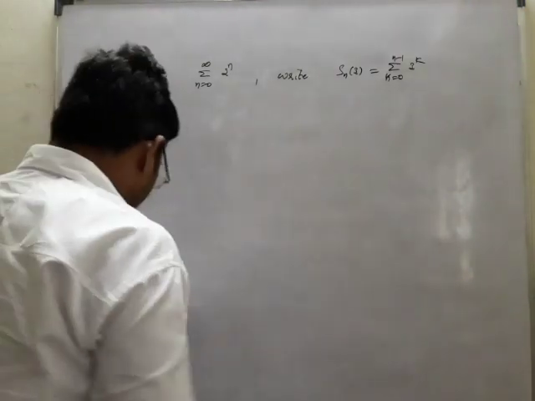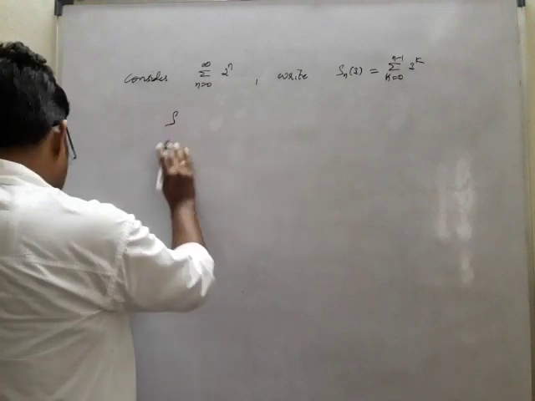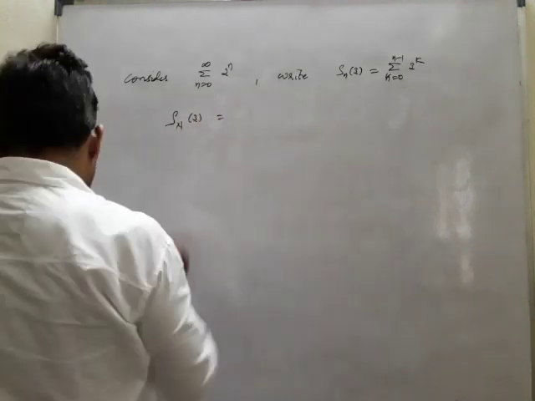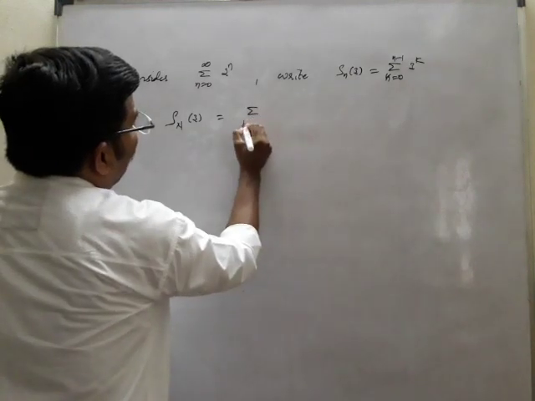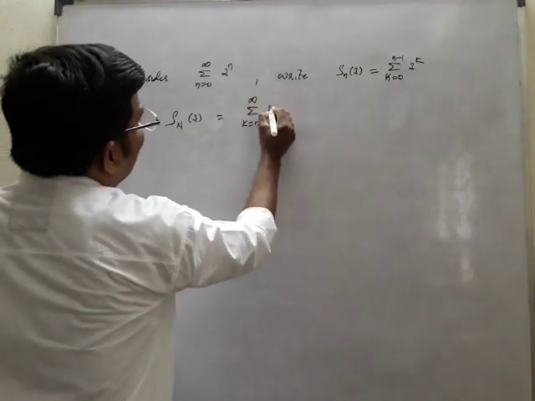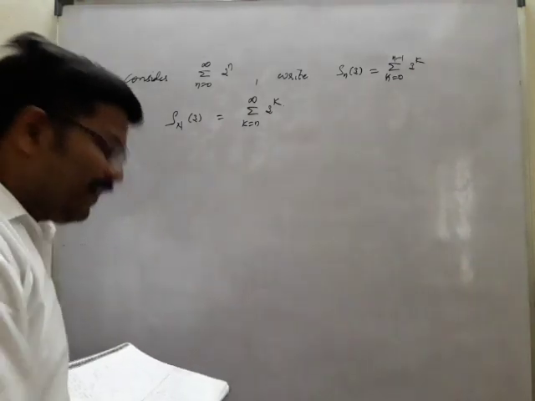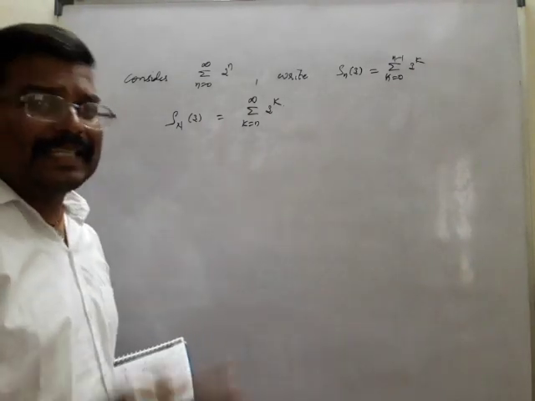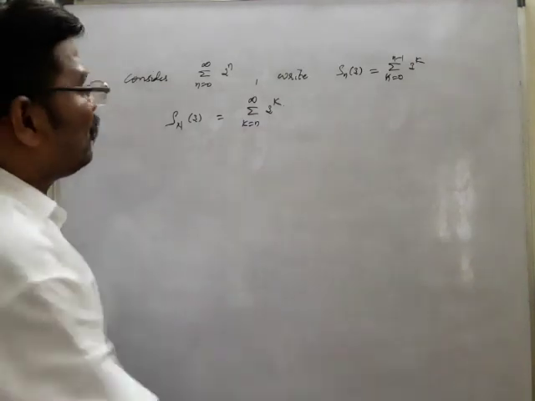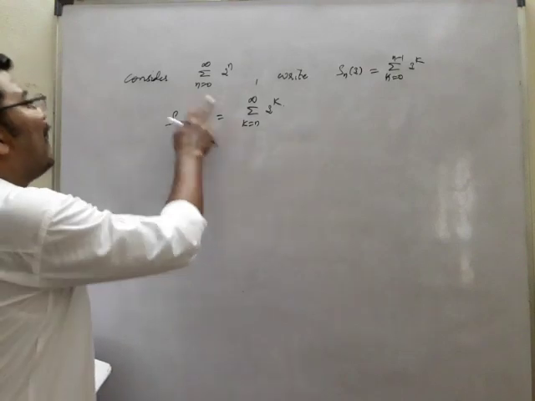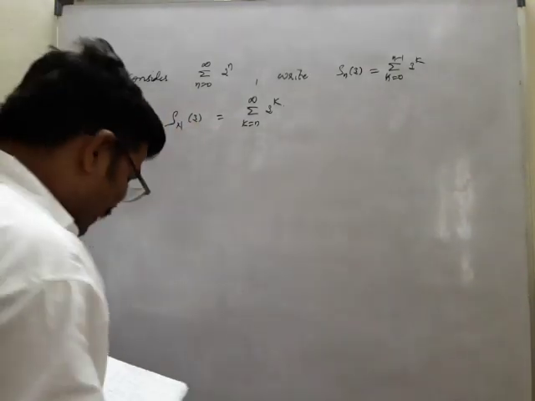And I am writing rho n of z as summation k equals n to infinity of z power k, meaning the remaining terms left after n terms, that is n plus 1, n plus 2 and so on up to infinity. These are the remainders.